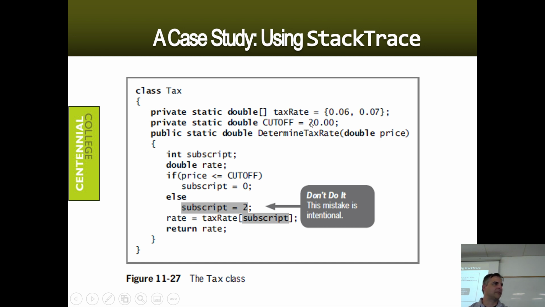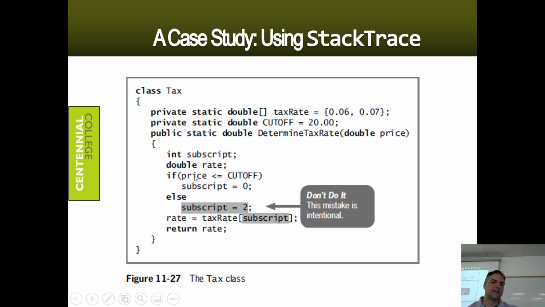I don't know, this is like 2,000%, right? That's what it is. 0.06, 0.07 cutoff, something crazy. But actually, this is the price cutoff. So we say, okay, I'm getting my price into this determined tax rate, and then I make an integer, a local variable called subscript, and a local variable called rate.